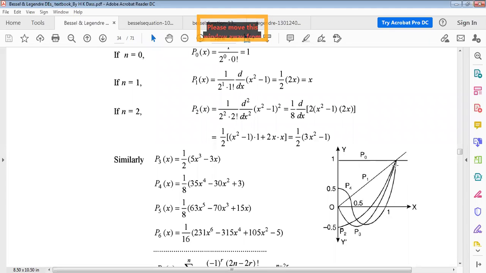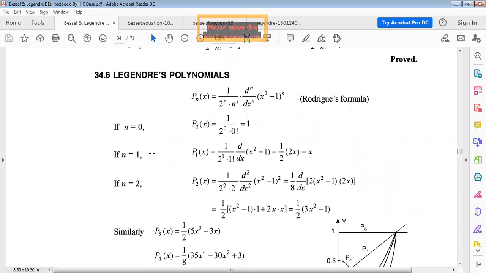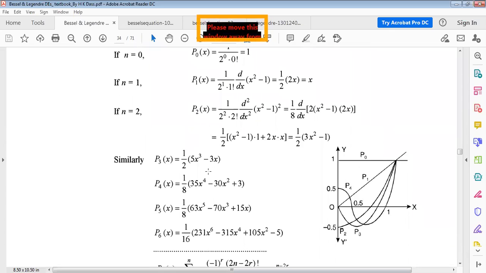You can use different types of software to plot this. P4 will be this, y equal to this function. Actually, this is the geometrical interpretation for the first 4 Legendre polynomials. Understand? This is very important for you.